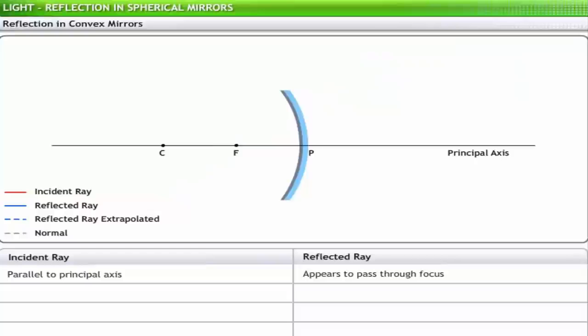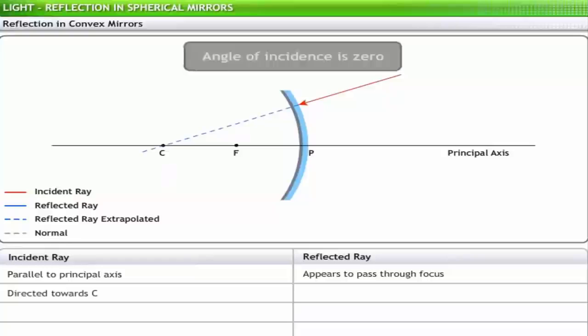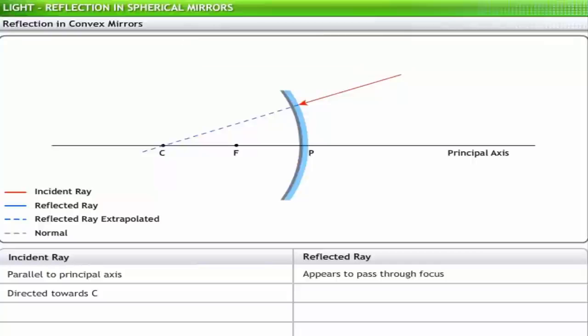In the second case, let us consider incident rays directed towards the center of curvature. Here, the angle of incidence is 0. Hence, the angle of reflection too is 0. Thus, the reflected rays retrace the path of the incident rays and appear to pass through the center of curvature.